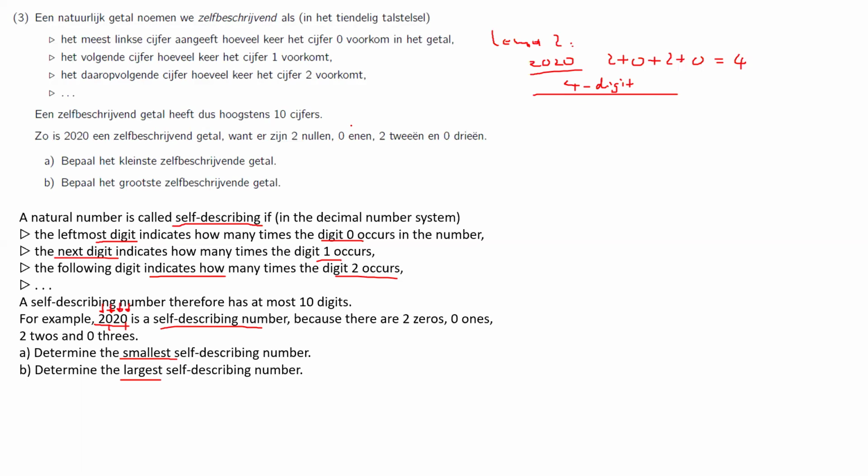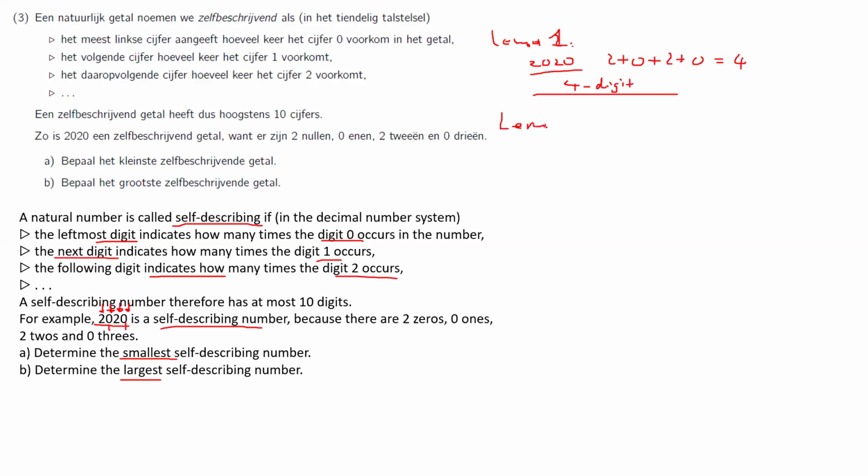So if you add all the digits in this number, it must be the number of digits. So lemma 1 is easy to prove: the sum of the digits equals the number of the digits.